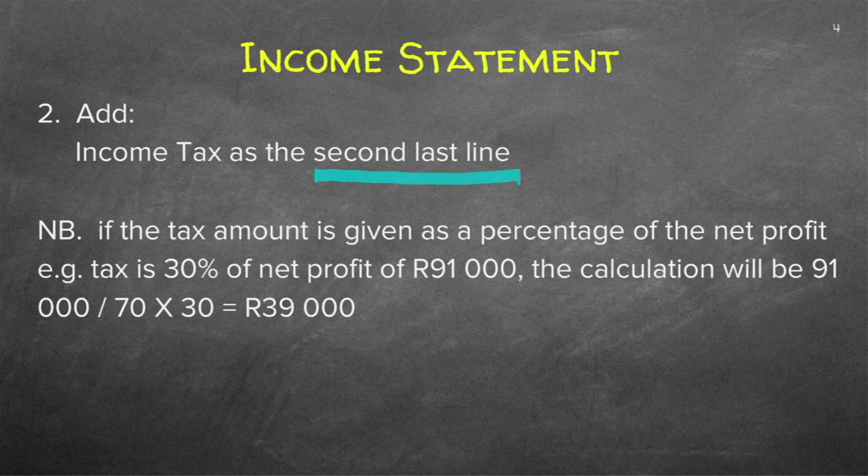So if we go back to the previous slide where I am now, you will see if the tax amount is given as a percentage of the net profit, e.g. tax is 30% of net profit of 91,000, the calculation will simply be your 91,000 divided by 70 multiplied by 30, and your answer will be 39,000 Rand.